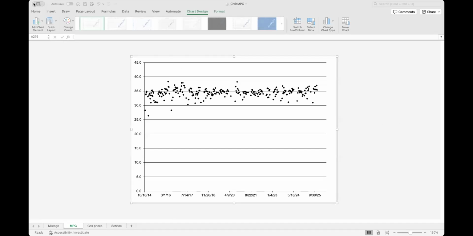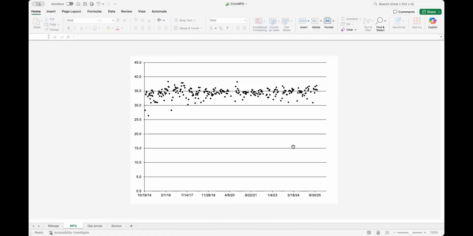This data file is measuring gas mileage for my car per tank for the last 11 years.